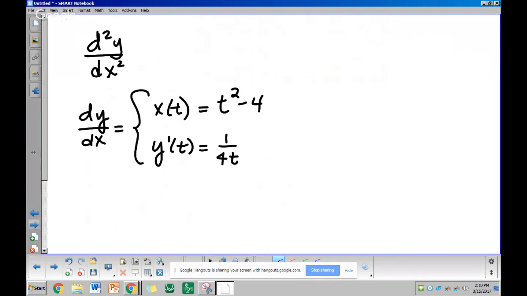So if I was going to find the derivative of this, what do I have to do? You're going to do the derivative with respect to time of y prime of t, which is dy/dt, sorry, over dx/dt. So let's do that here. What happens?